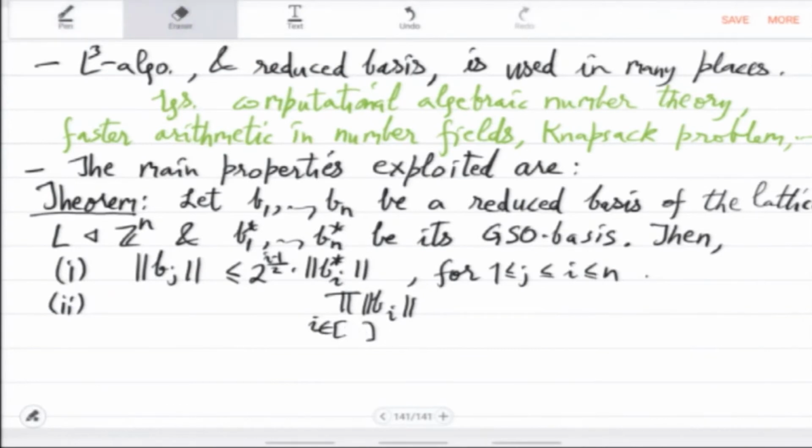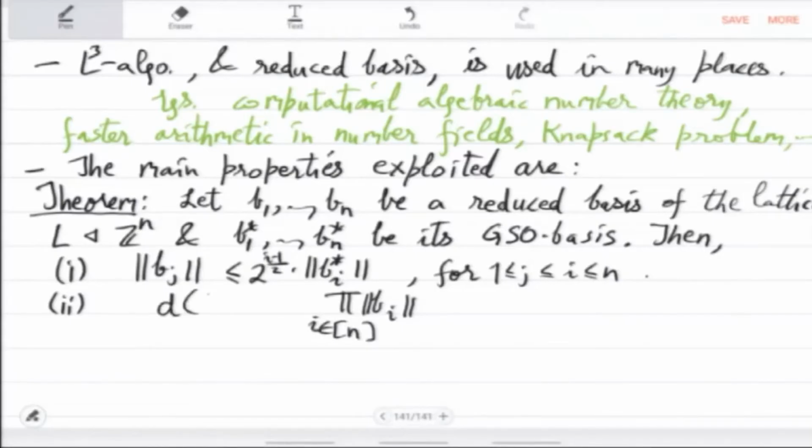There is no m, or m is equal to n. So, this product of B_i of the reduced basis, if B_i's were orthogonal, this would have been the volume of the lattice, right? The volume of the lattice is the same as the determinant.